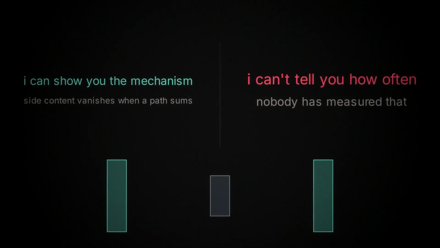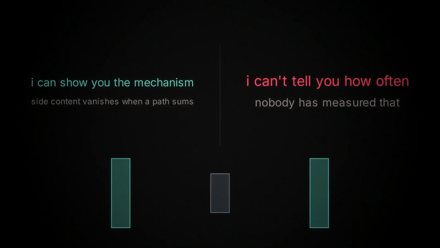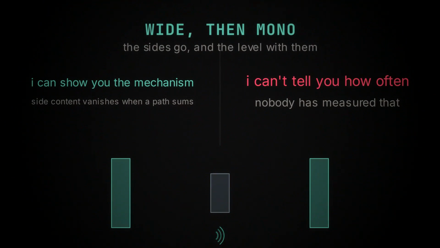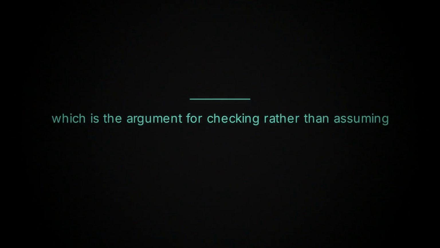So I can show you that the side content disappears when a path sums to mono. I can't tell you how often you're on that path. Which is the argument for checking rather than assuming, and it's a better argument than a number I made up would have been.